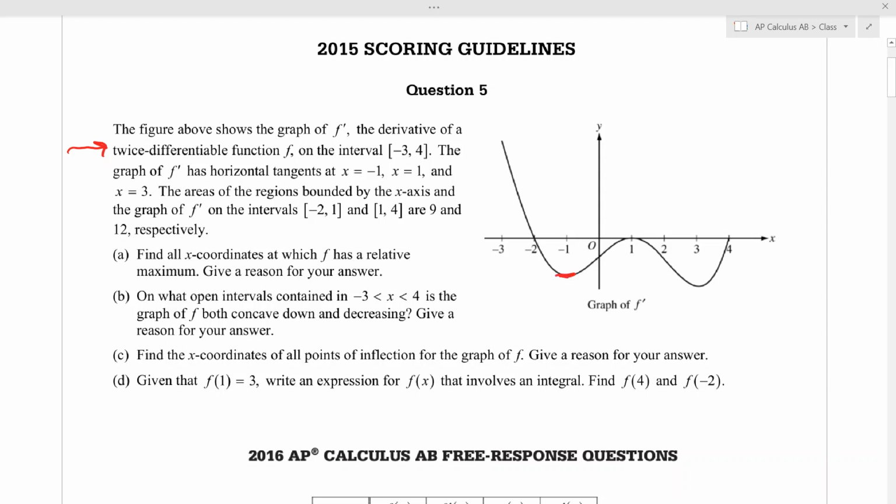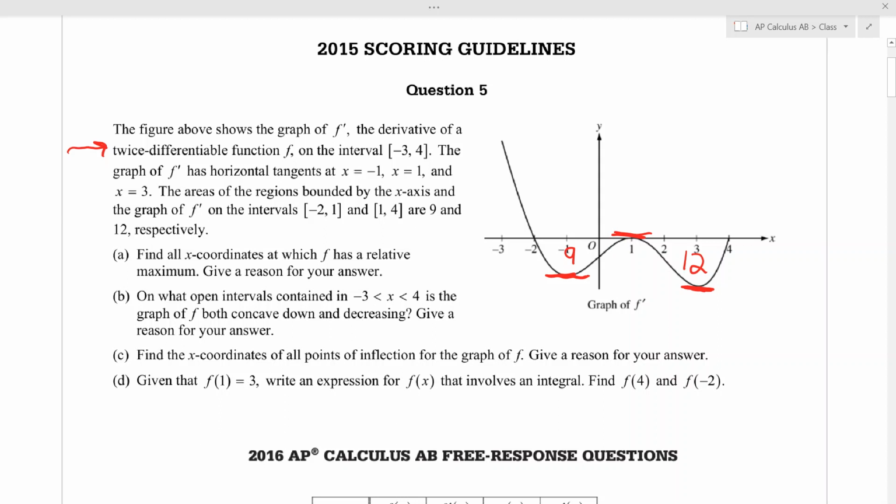So that means it's just got a horizontal tangent line here at -1, here at 1, and here at 3. So we know the second derivative will be 0 there. And it's telling me the areas of the regions are 9 and 12. So this area here is 9, but really it's -9, and this area here is 12, really -12.